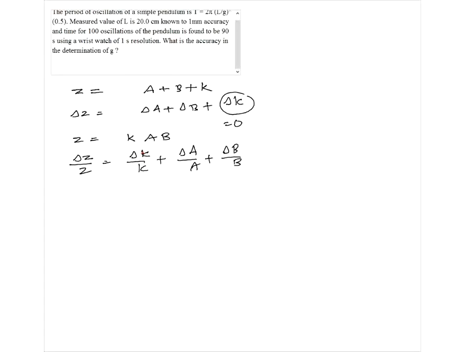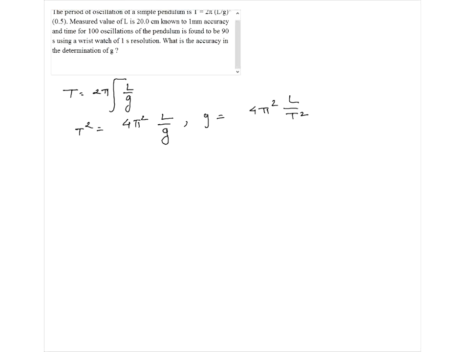We want g calculation. Measurement is done for two things, L and T. T square would be 4 pi square L by g. That means g is 4 pi square L by T square.